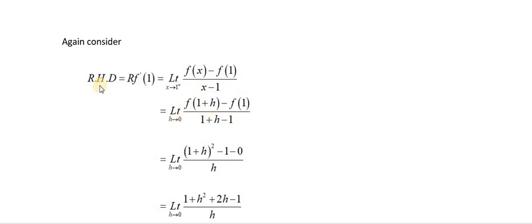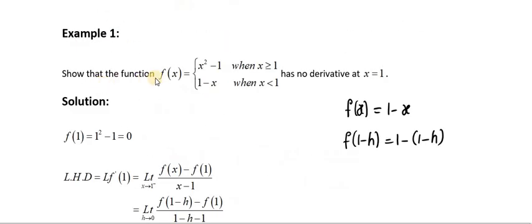While calculating RHD, we are going to consider the value of f of x as when x greater than 1. Here the value of f of x when x greater than 1 is x square minus 1.